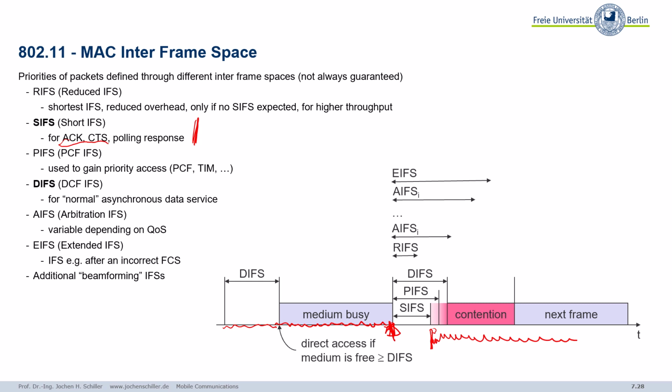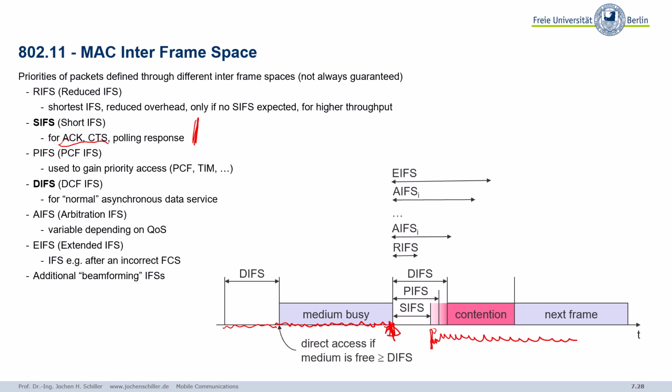That's the idea. So that means if you have a higher priority, the system will give you a shorter waiting time, and then you're allowed to access the medium before the other stations can access the medium, because maybe they have to wait for DIFS. So that's the idea of priorities. Priorities are reflected in waiting times.